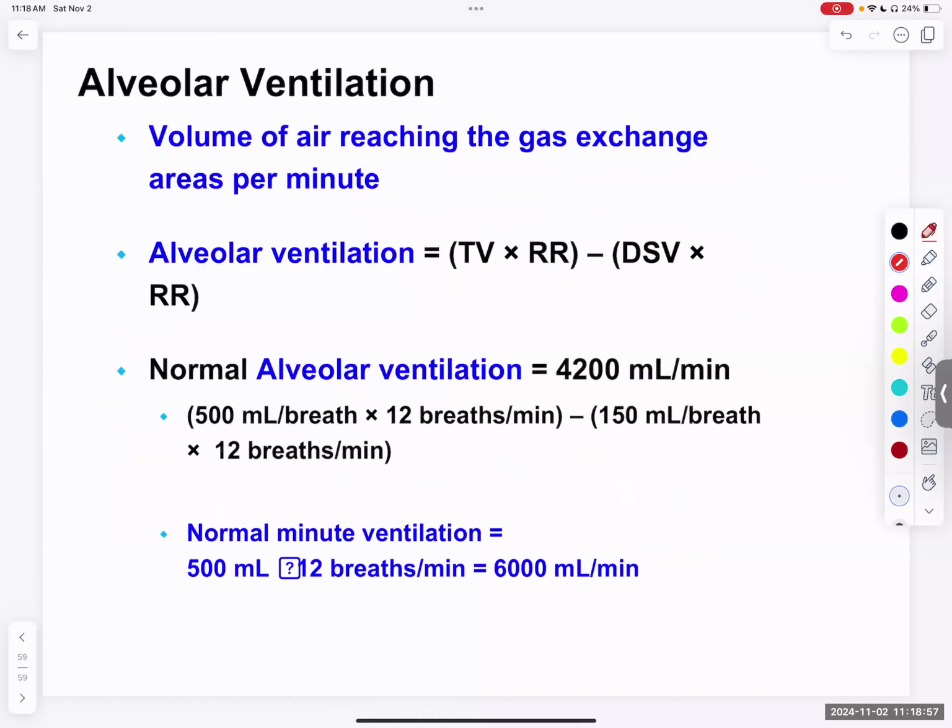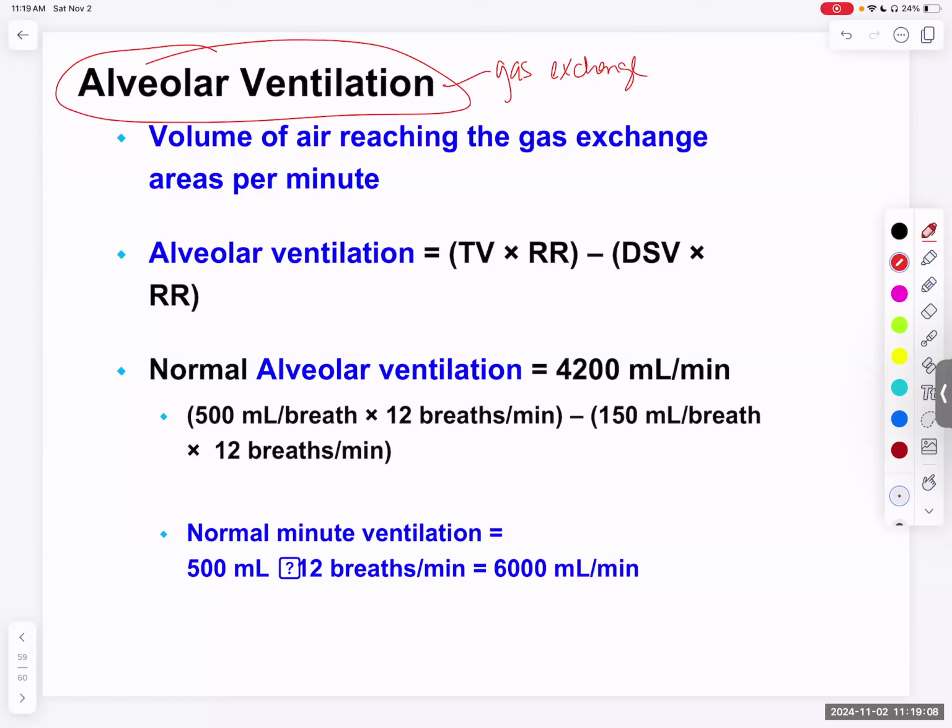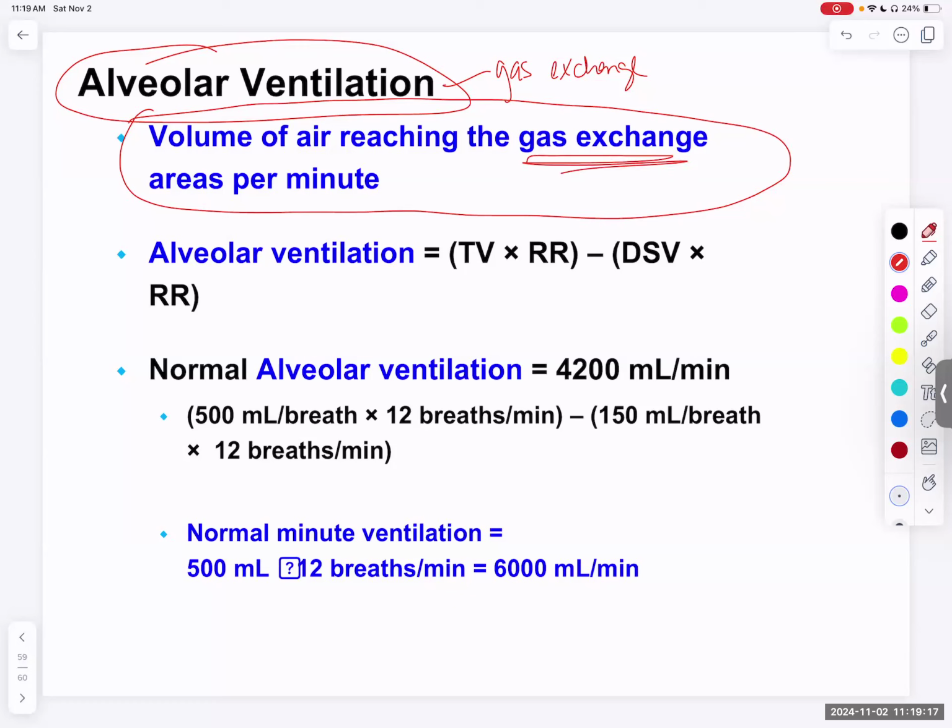But you have to take out the residual volume because we're not using that for actual gas exchange. If we want to look at the volume of air reaching the respiratory bronchioles or the alveoli for actual gas exchange, we have to take out that volume.